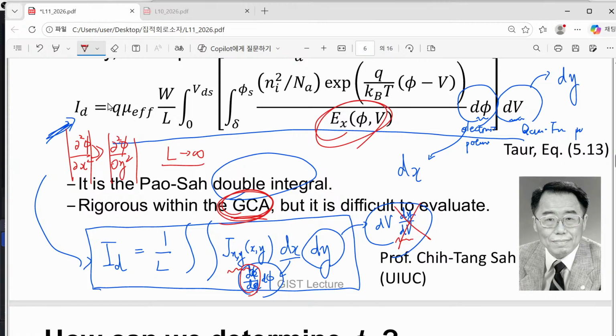But here, by introducing quite reasonable approximations, the gradual channel approximation, and introducing effective mobility instead of position-dependent mobility, we were able to make a greatly simplified form of drain current, still valid in many cases. This is the power of modeling.